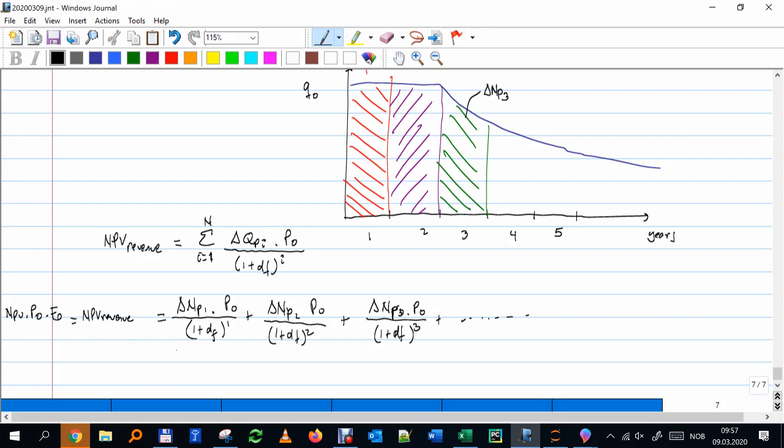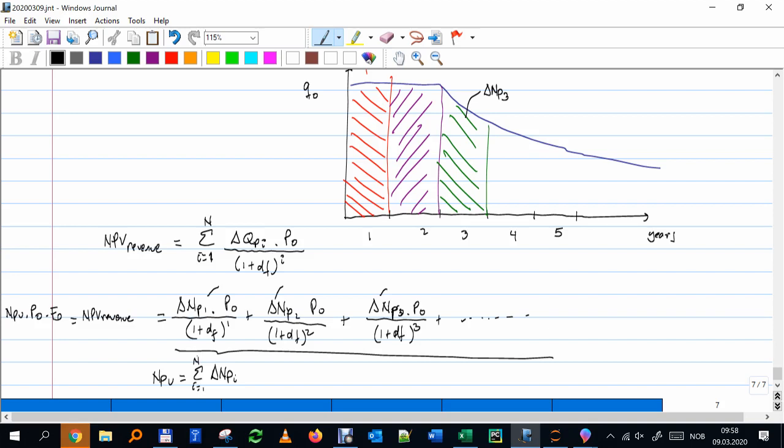Instead of doing this complicated calculation, because I have to assume a production profile, I'm going to approximate all of these, because the sum of all of these is delta NPU, right? Delta NPU is the sum of delta NP_i from i equal 1 to n. So that's a way to represent the discounted revenue.